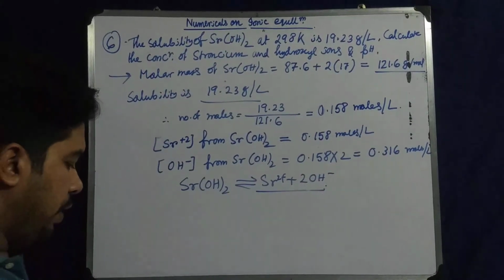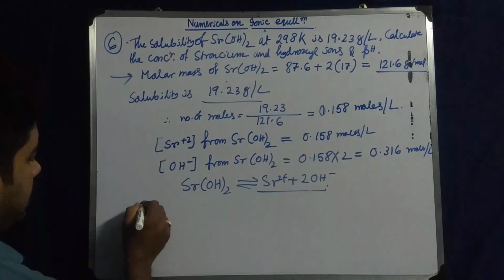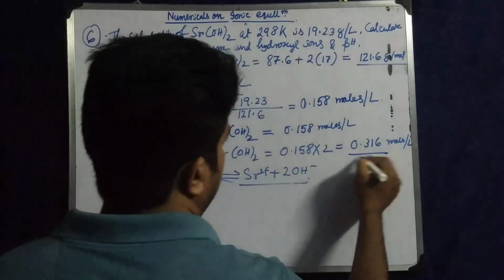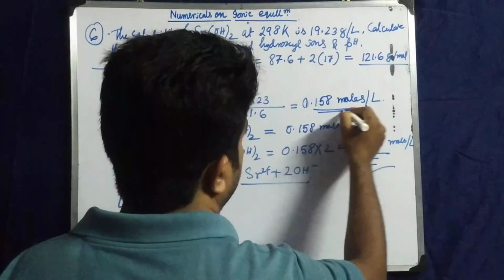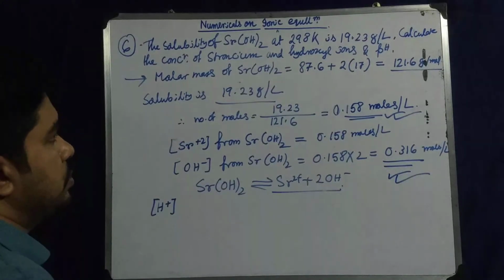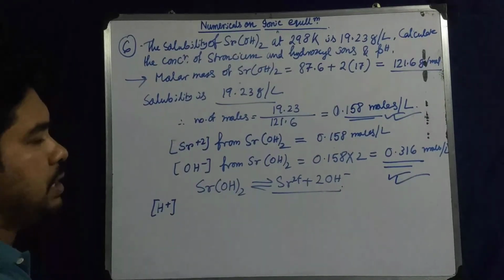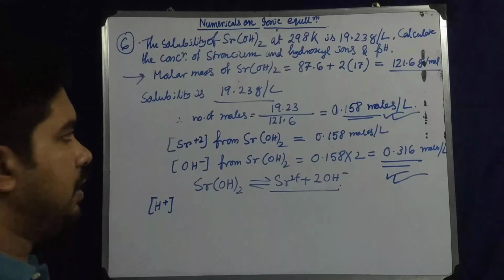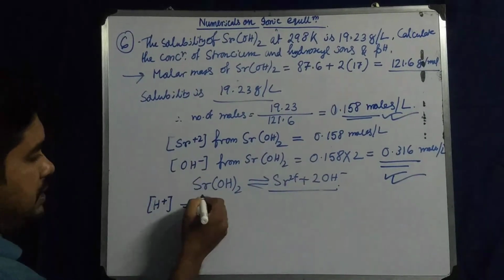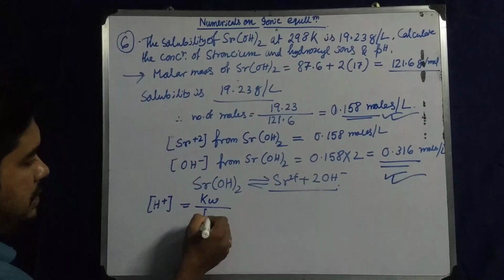Simple thing. So now what to do? We have to do that. We know the concentrations of both the strontium ion and the hydroxyl ion. This is the concentration, number of moles per liter. Now the concentration of H plus and pH. That is Kw by OH minus concentration.